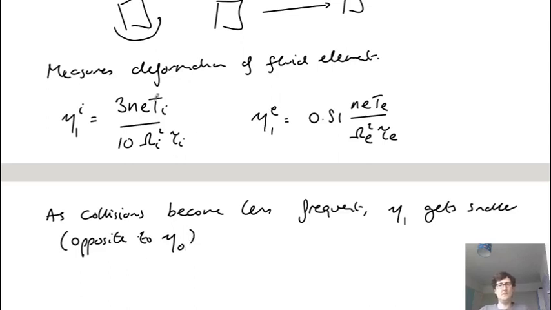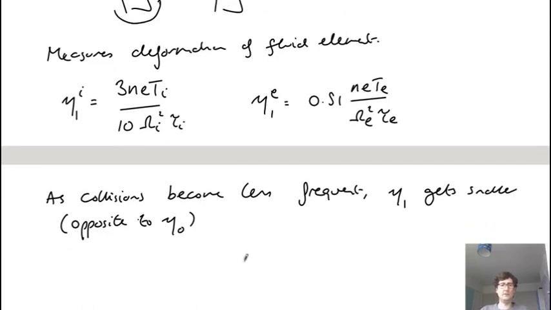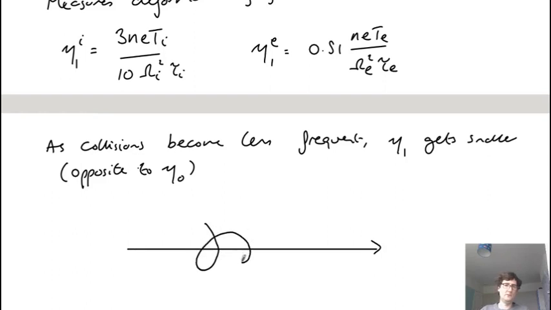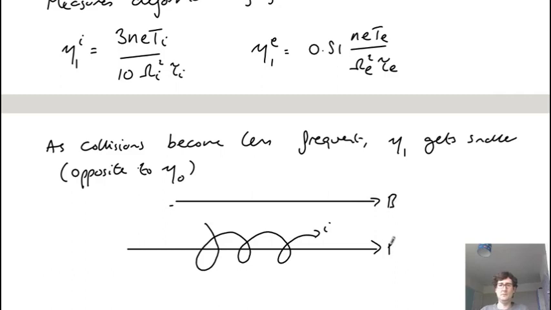Because in this viscosity, if there's no collisions, then there's no transfer of momentum. And so what we're talking about here is you have a magnetic field, you have particles which are moving on orbits, say ions.